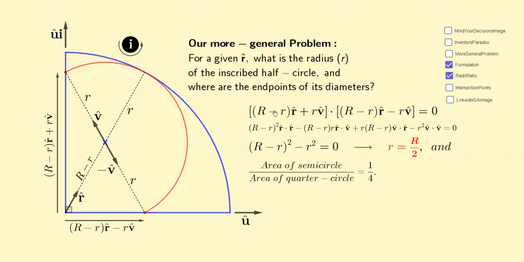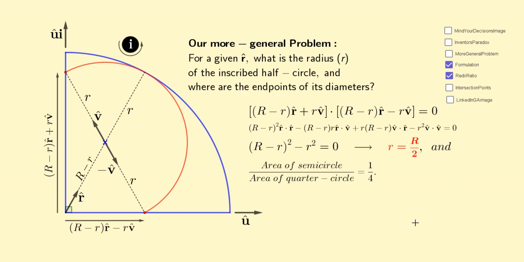And if we take that inner product here and fight through all this, then when the smoke clears, we find that little r is equal to 1/2 big R. So there is no dependence upon the direction of r hat, which means that no matter what direction we choose for r hat, the semicircle's radius is half of big R here.